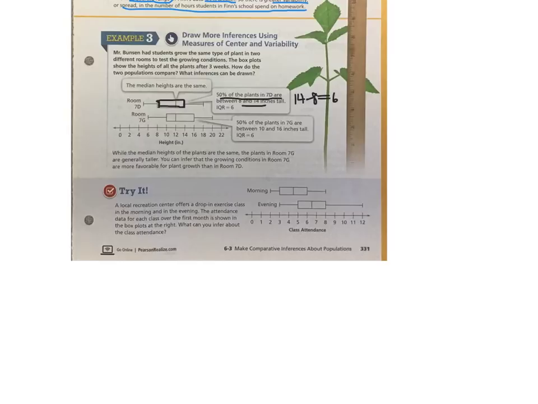We also notice that the median height here is the same for both rooms at 12. In room 7G, 50% of the plants are between 10 and 16 inches tall, which also gives an interquartile range of 6.